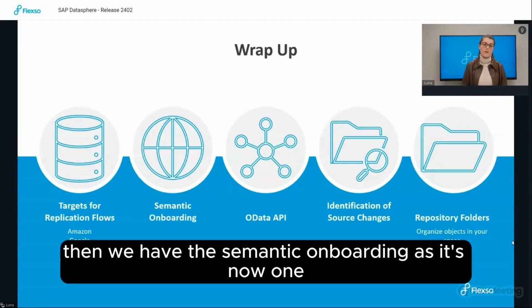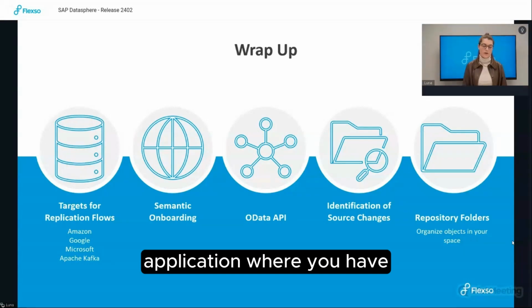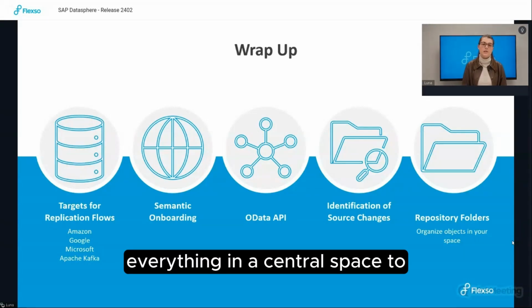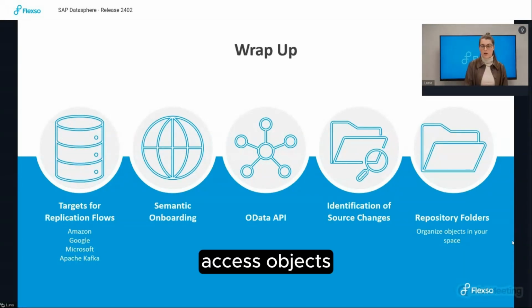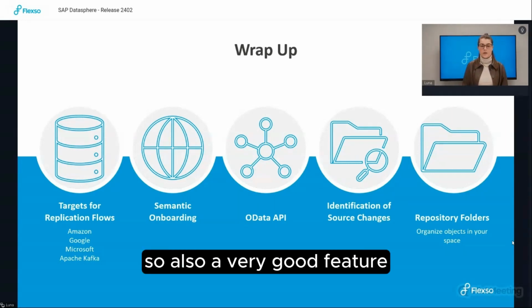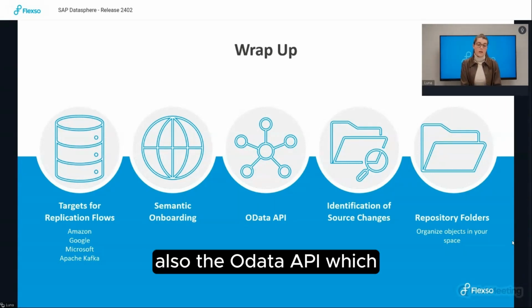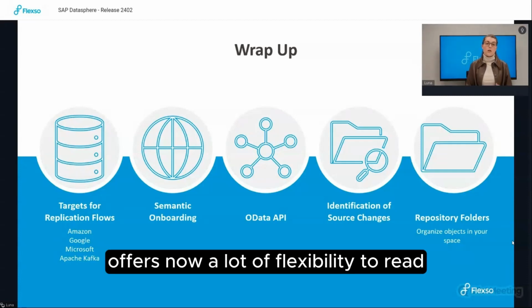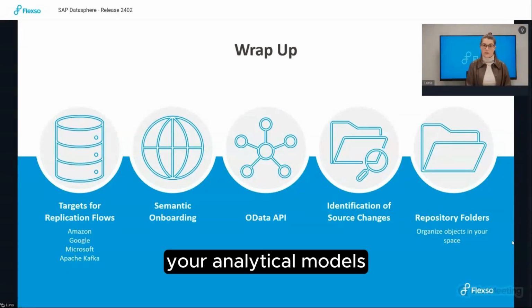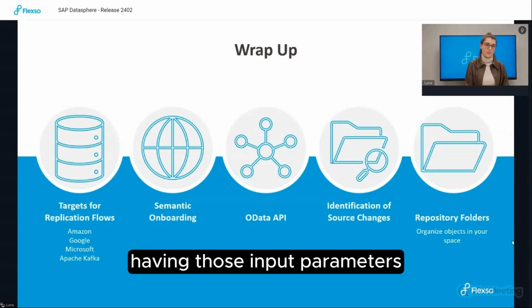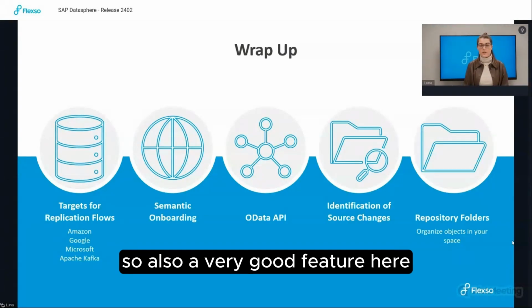Then we have the semantic onboarding, as it's now one application where you have everything in a central space to access objects. So also a very good feature. Also the OData API, which offers now a lot of flexibility to read your analytical models, having those input parameters. So also a very good feature here.